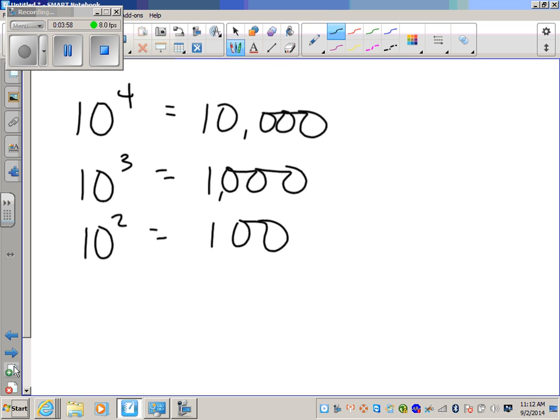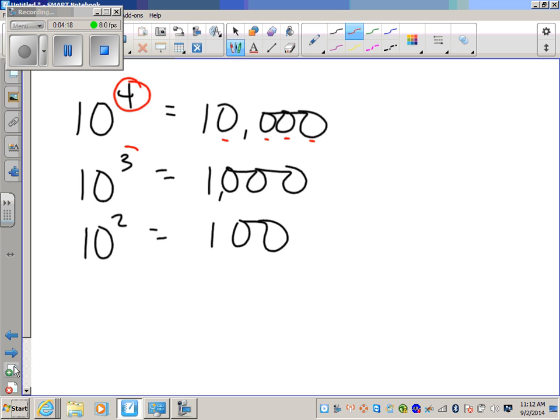Bree. Very good. Great observation. Exactly what I'm looking for. So if it's 10 to the 4th power, it's going to be a 1 with 1, 2, 3, 4 zeros after it.